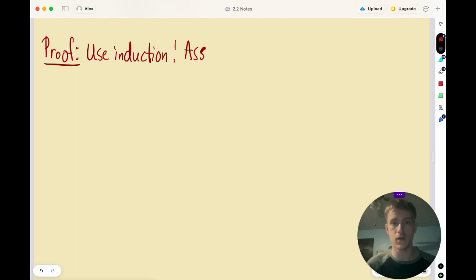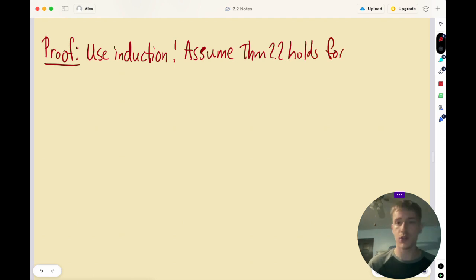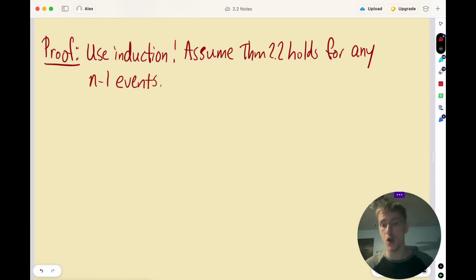Well, assume that theorem 2.2 holds. Assume it holds for any, not n events, but n minus 1 events. We're going to use that and show that it actually does hold for n events.